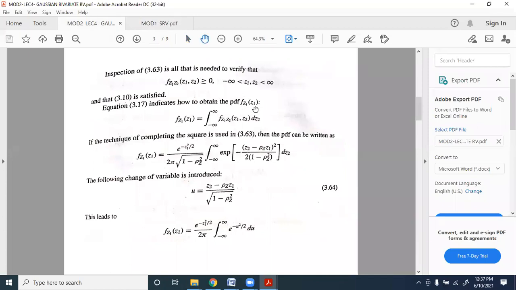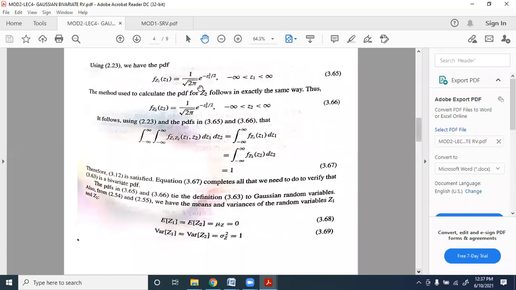Say if you take this itself, right? If you integrate it on both sides from minus infinity to infinity over here, we should get a value equal to 1, because integrating from minus infinity to infinity, the whole of the PDF will give me the value equal to 1. Okay, in the whole of the range, I'll get equal to 1.